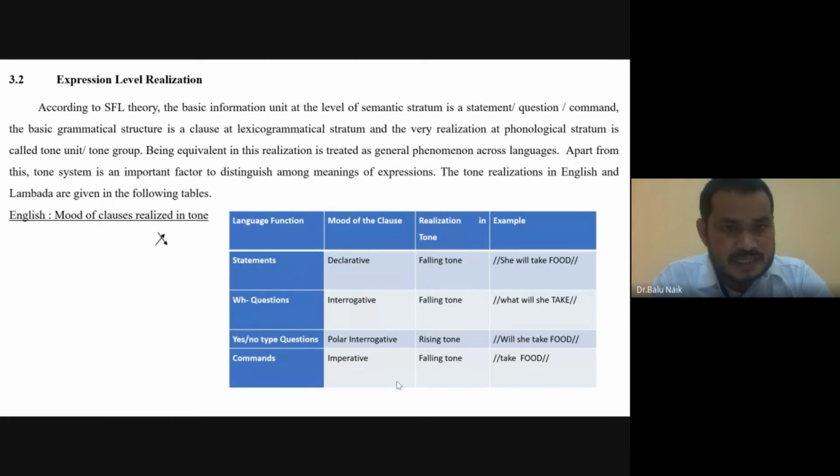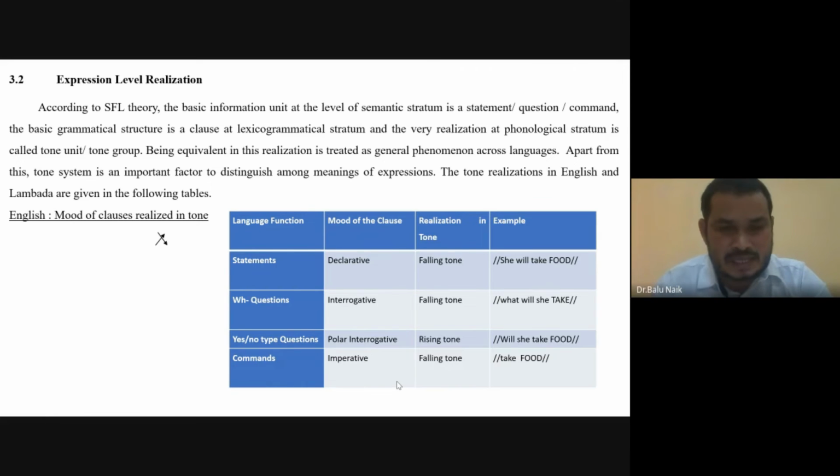The basic grammatical structure at the lexicogrammatical stratum is a class, and the realization at the phonological stratum is called a tone unit or tone group. This is treated as a general phenomenon across languages. Apart from this, the tone system is an important factor in distinguishing the meaning of expressions. The tone realization in English and Lambada is given in the following table.